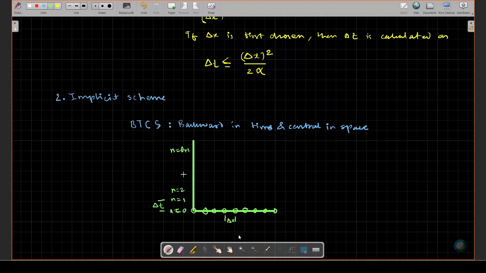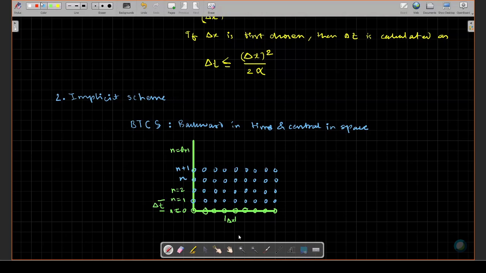The points remain the same, with delta x, and we can say this is the nth level and this is n plus 1. Like that you can generalize.